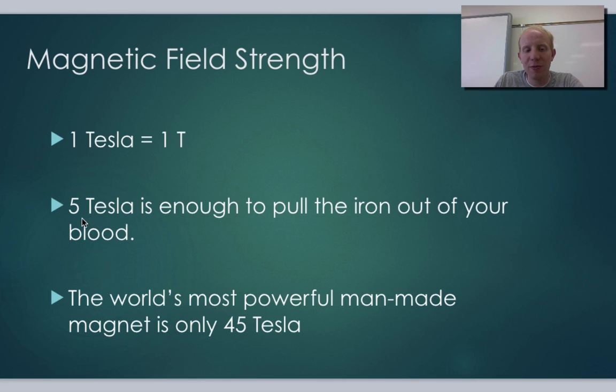A 5 Tesla field is enough to pull the iron out of your blood, like that scene in X-Men 2 where Magneto pulls the iron out of that one guy's veins. That's a huge magnetic field. You won't see anything that's 1 Tesla in your lifetime, or if you do, you probably will die from it. The world's most powerful man-made magnet is only 45 Teslas.